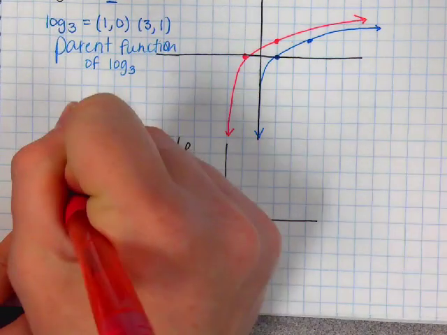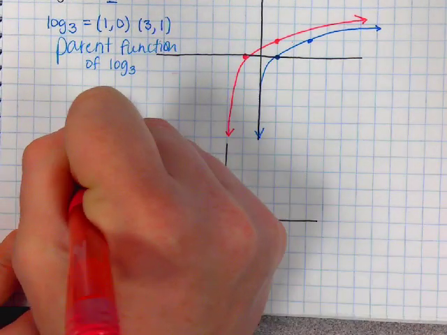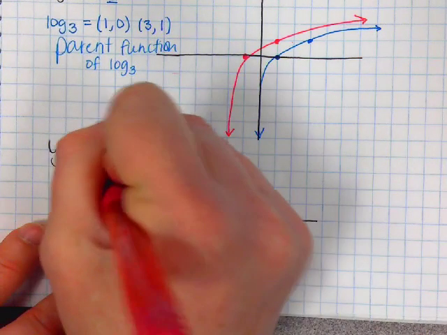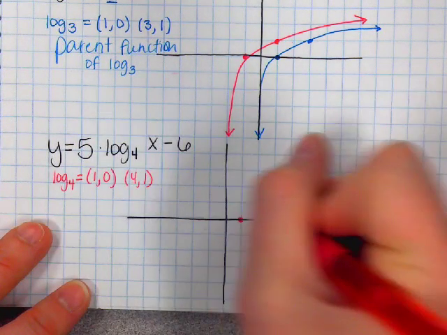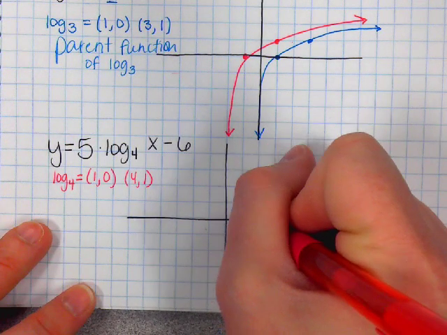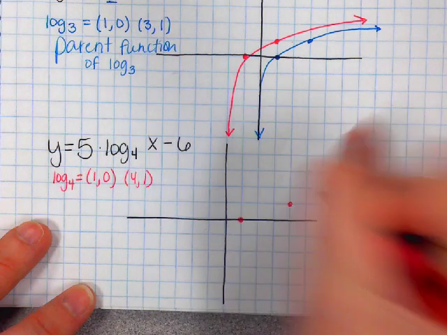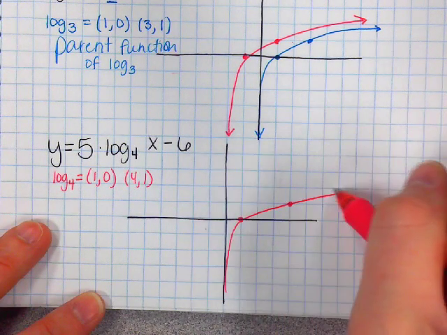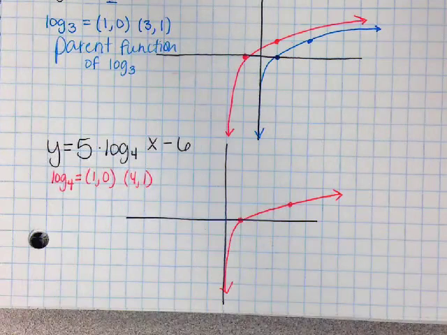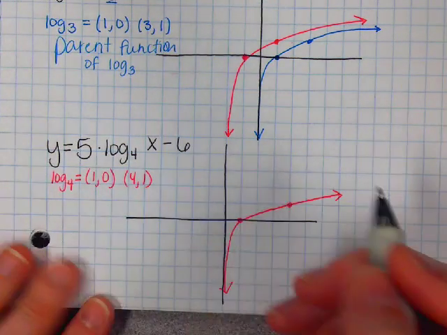First thing I'm going to do is graph the parent, so log base 4. We know it goes through 1, 0, and 4, 1. So 1, 0, and 4, 1. That's the parent function.